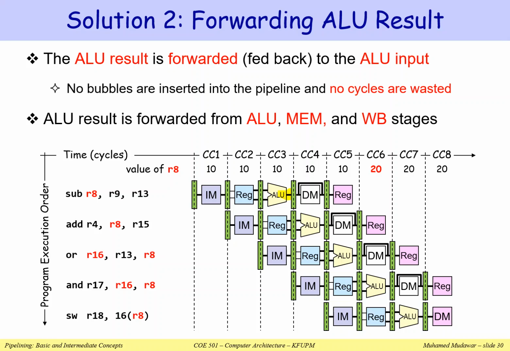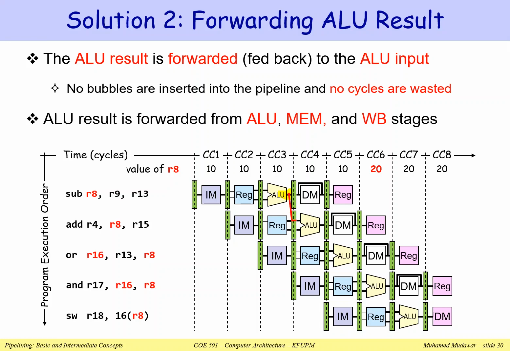So why not forward the ALU result back to the next instruction? We can take the output of the ALU and feed it back to the input of the ALU. This solution is called forwarding.